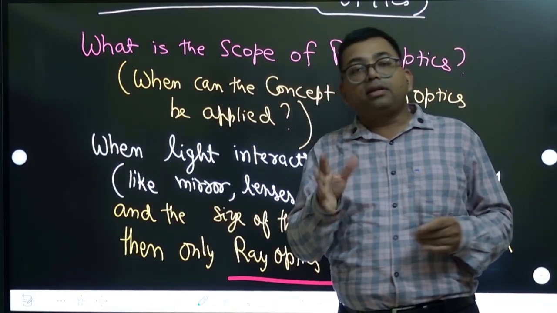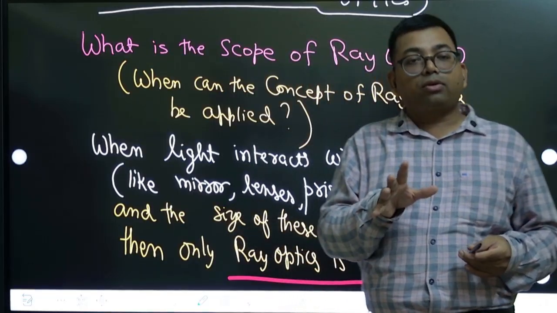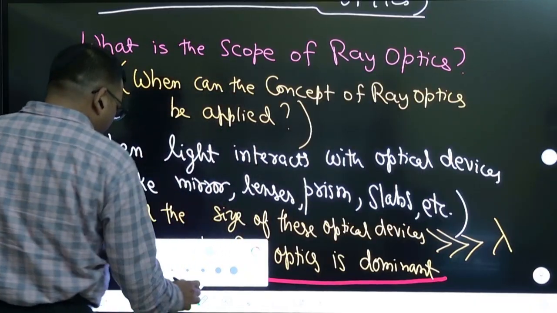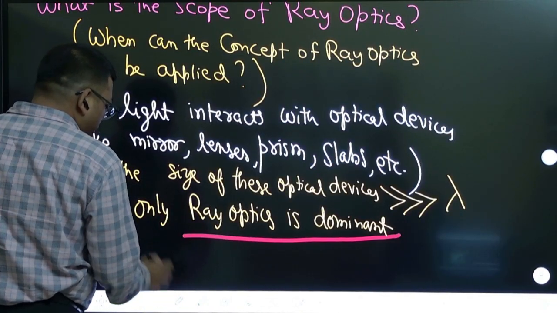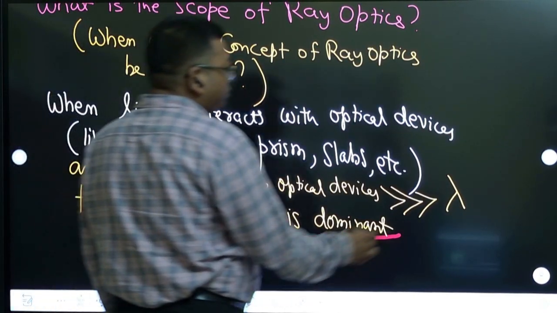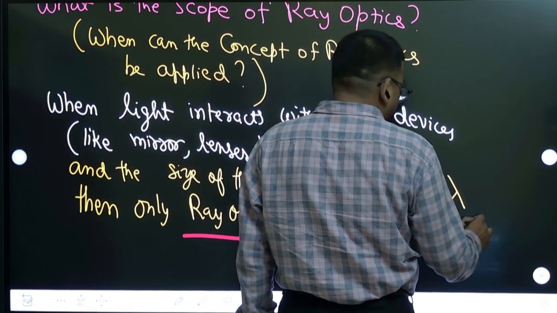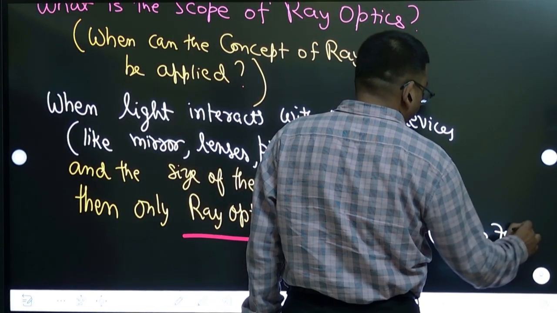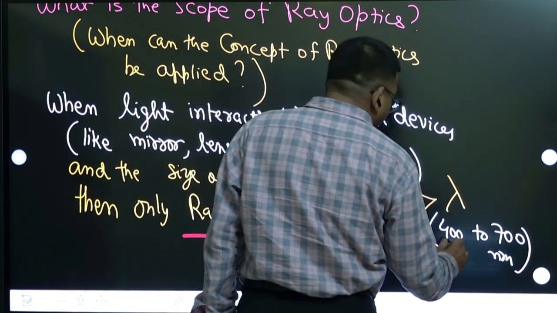Wavelengths of light are in nanometers. Which light are we talking about? We are talking about visible light. Note that. The wavelength of visible light is from 400 nanometer to 700 nanometer.